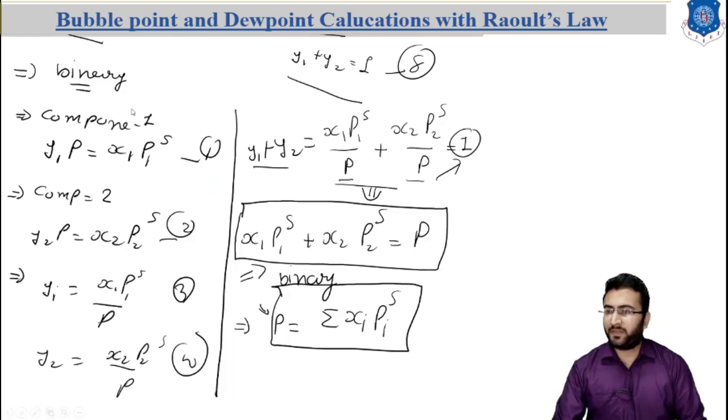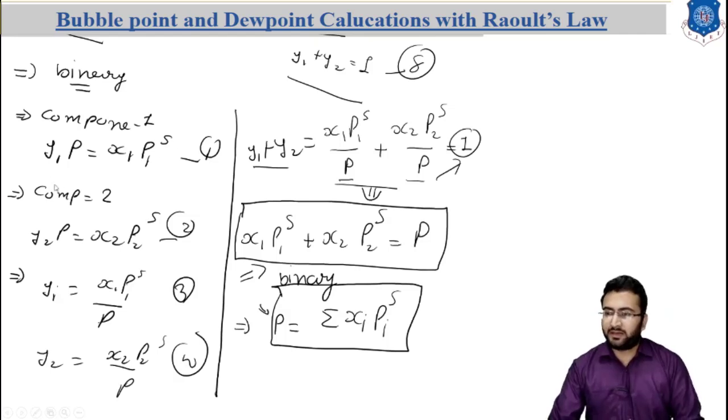What we did here is first take the binary system, which means a two-component system. Applying Raoult's law for component 1, that can be given by y1 P is equal to x1 into P1 saturated, which becomes our equation number 1. Then applying Raoult's law for component 2, that can be given by y2 into P is equal to x2 P2 saturated, which becomes our equation number 2.